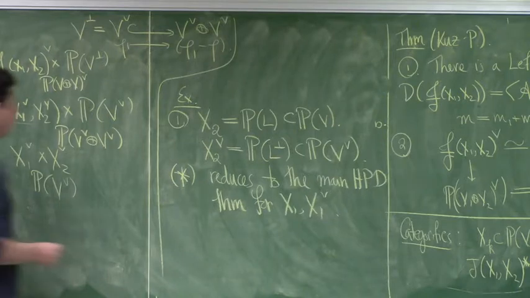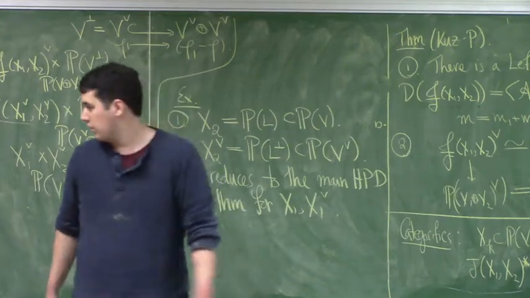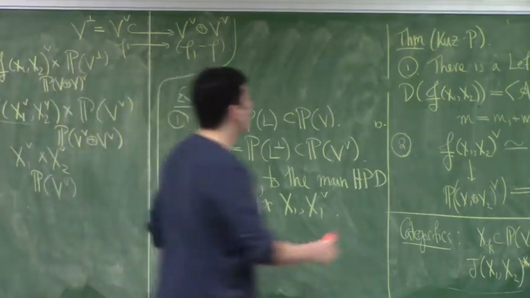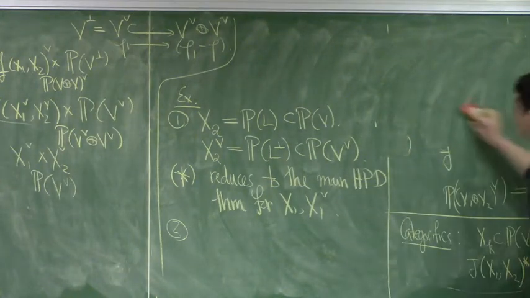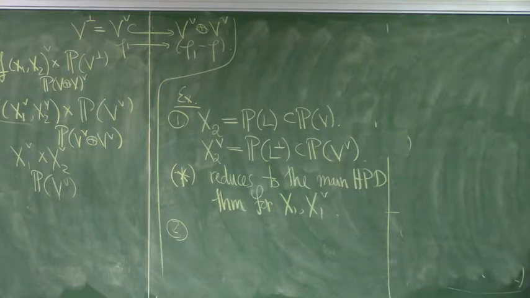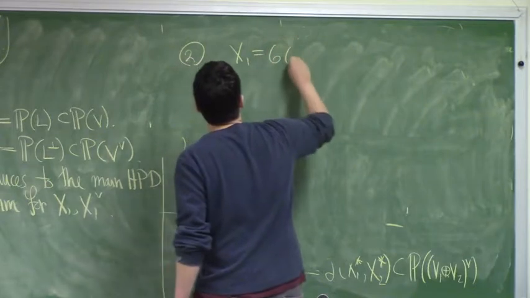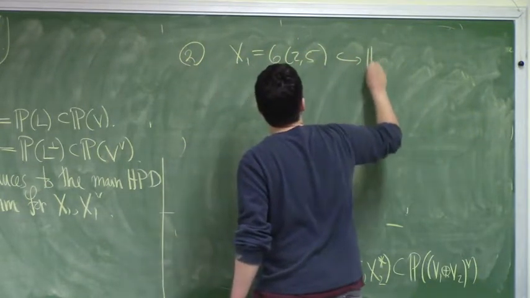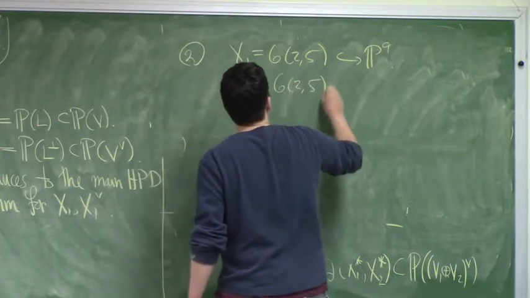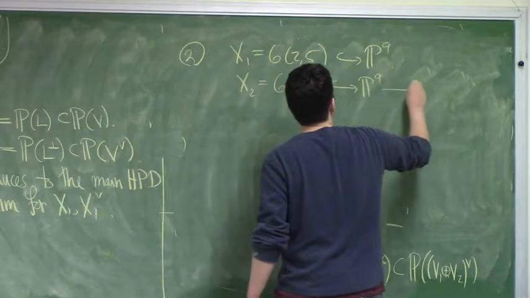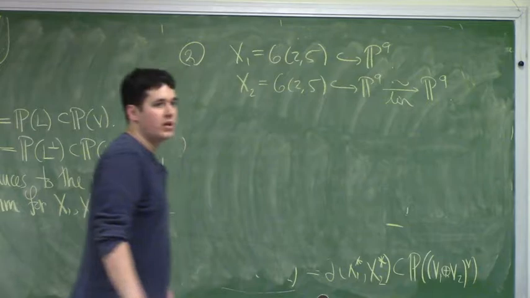Maybe just to give you a taste of what you can say using this nonlinear version of HPD, I can do one last quick example. Let's say I took x1 to be this Grassmannian G(2,5) embedded in P9, and let's say I took x2 to be the same Grassmannian, but moved by some generic linear automorphism of P9.